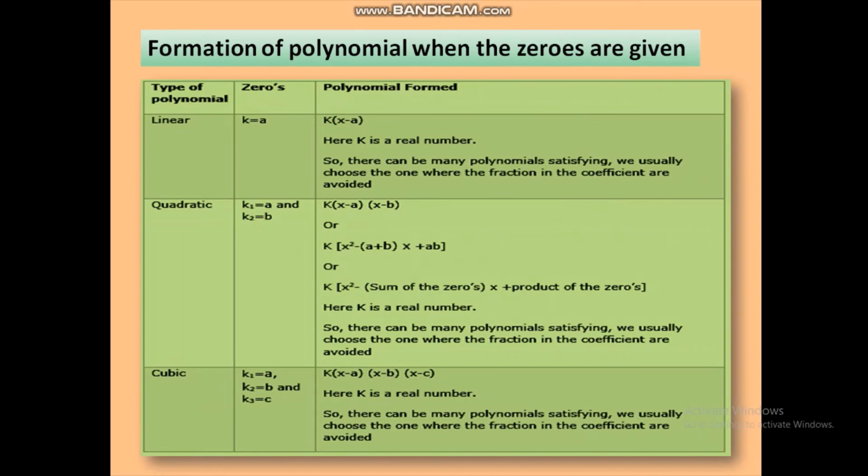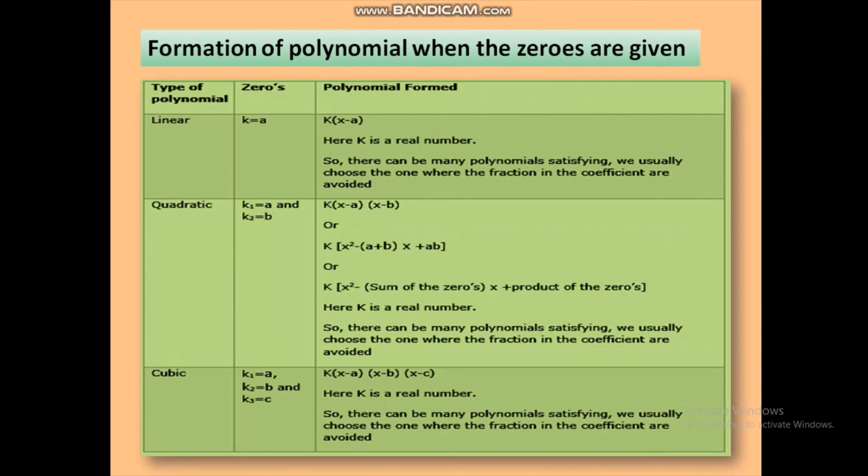Here k is a real number and the polynomial can be formed as k into x minus a. Okay. So there can be many polynomials satisfying. We usually choose the one where fractions in the coefficient are avoided.